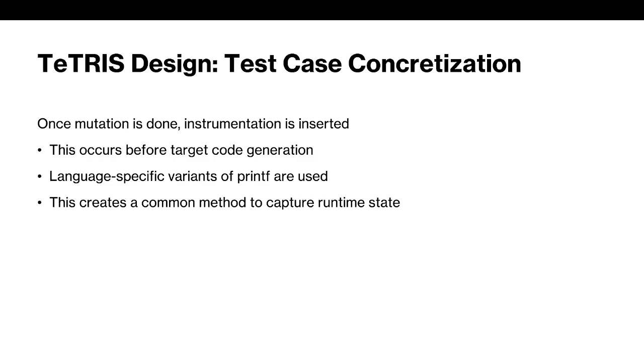There are many different ways to do this. TeTRIS does this by using the language-specific variants of printf. Most modern languages have some version of printf built in, so this provides a common method to capture the runtime state as the program executes. And this occurs right before target code generation, when we're still in the universal AST.